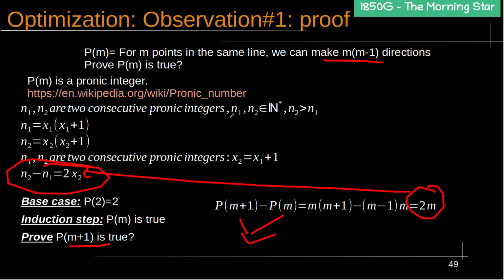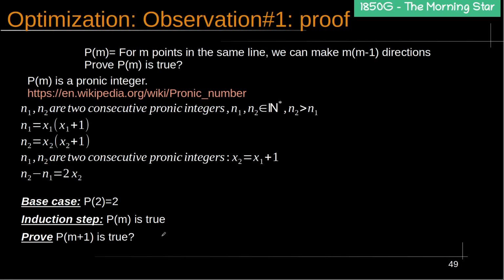We have proved that the difference between two consecutive results is equal to 2m, which is the definition of Pronic integers. So we can say that this formula is correct. Okay.